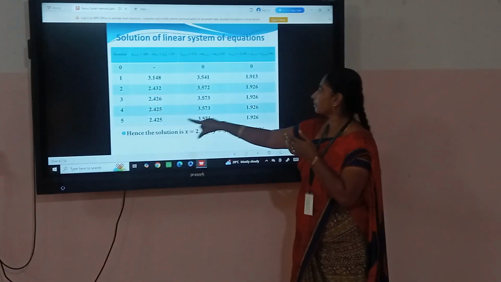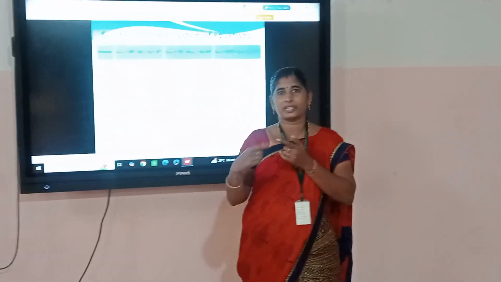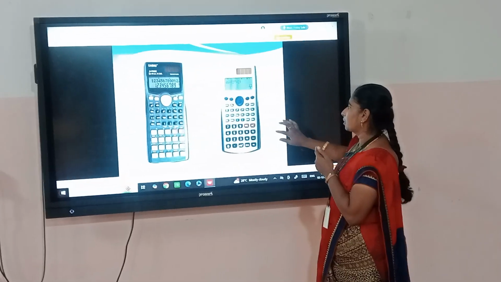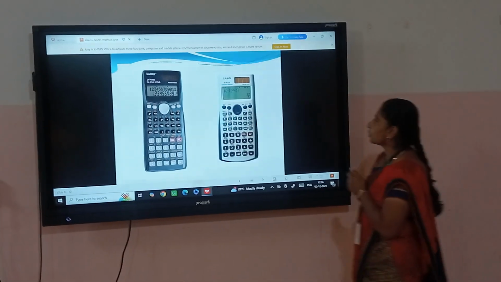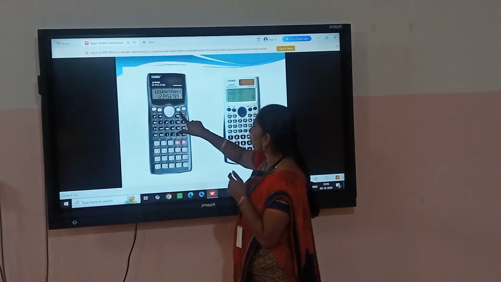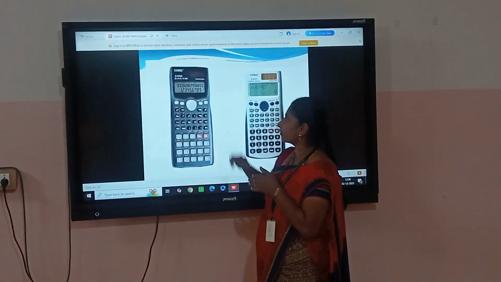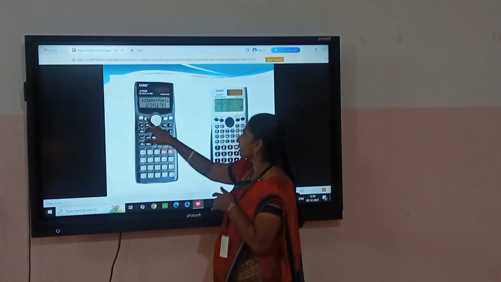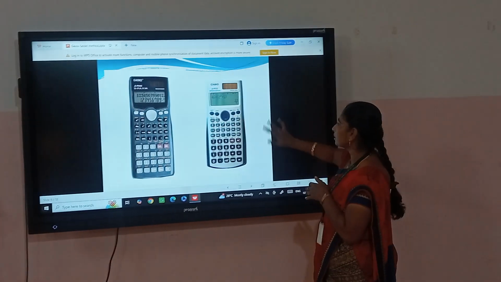In the table we get the final answer, and if we press the more button, we get the next answer. So repeat the process and we will find the final solution. This is the mode function; there are two types of calculator. Also fix, then we have A, B, C. Using shift and alpha, then substituting the values, we get the final solution.